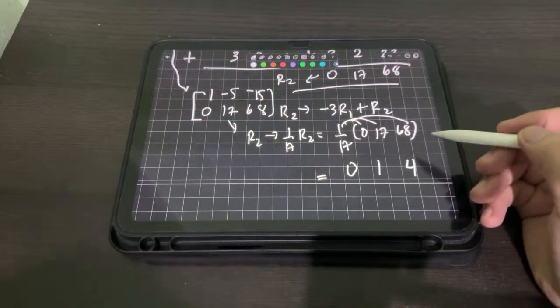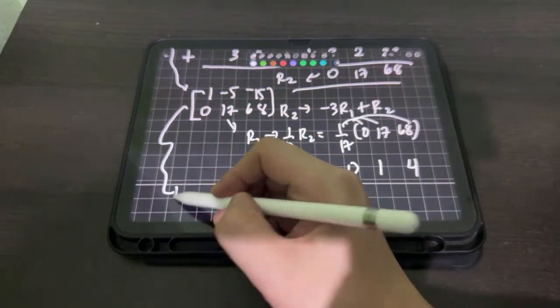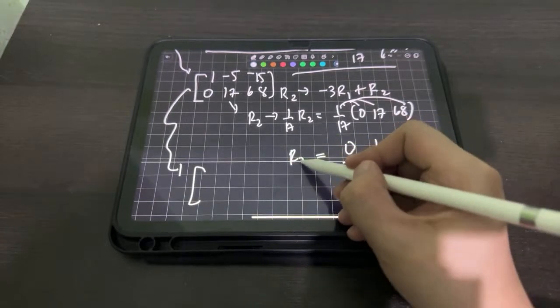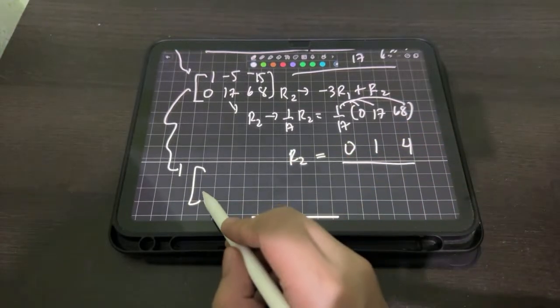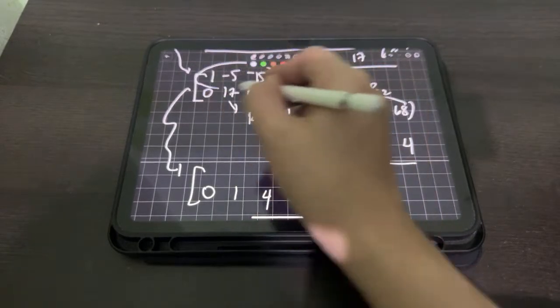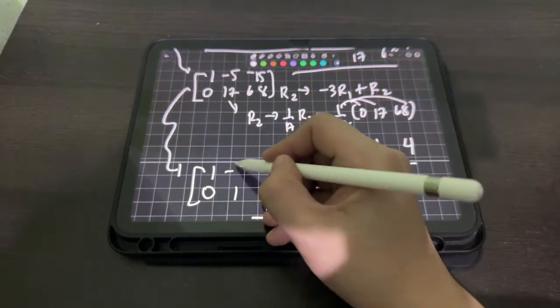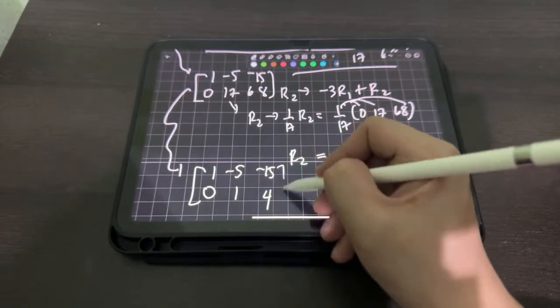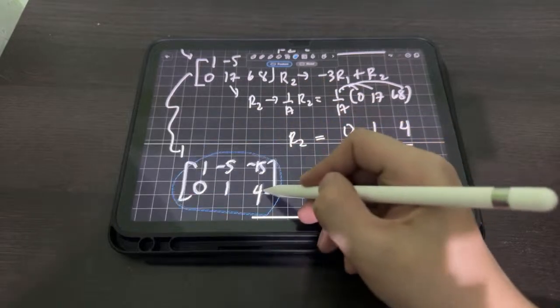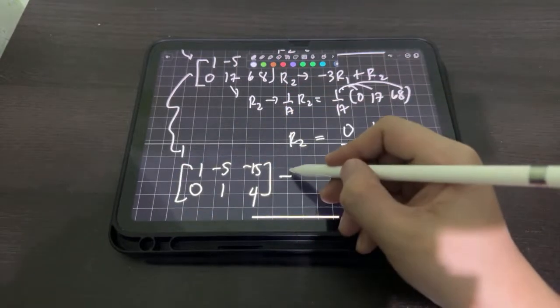So the new entries in row 2 will become 0, 1, 4. Then copy the first row, 1, negative 5, negative 15. Okay, so this is now the REF form.